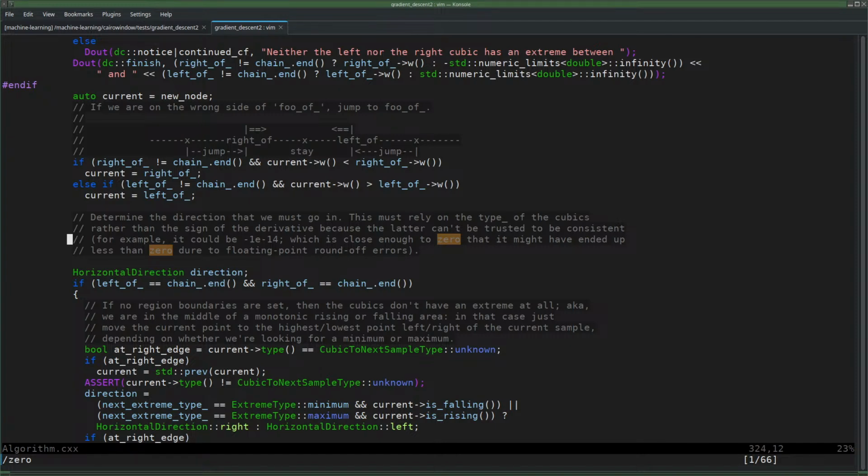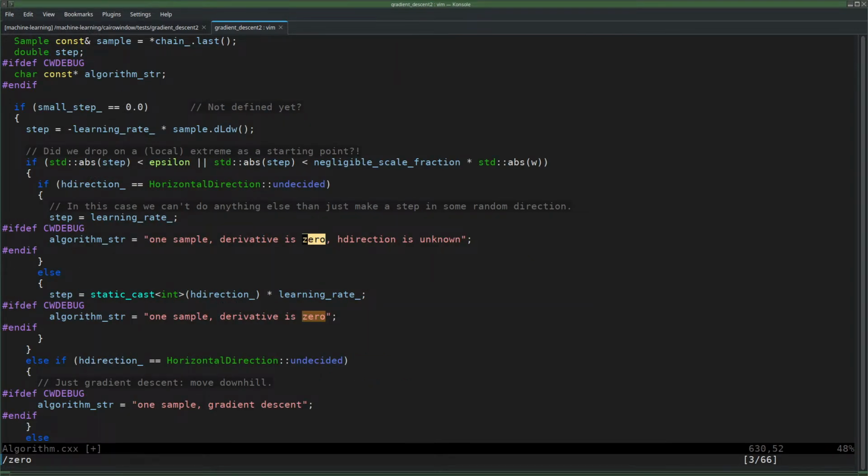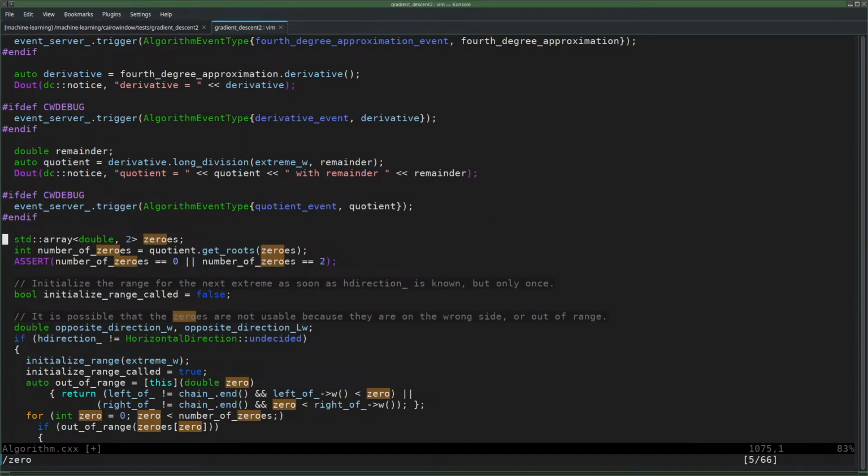For example, it could be minus very small, which is close enough to zero that it might have ended up as less than zero due to floating point rounding. So this is not even a zero, it's just the mathematical zero. And again, the derivative is zero, this is just really zero. Here we talk about zeros.